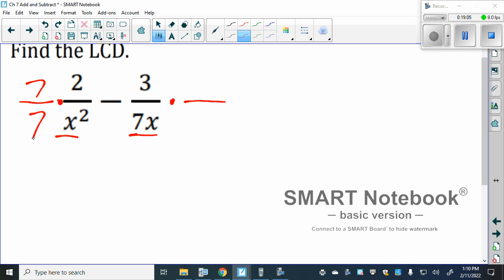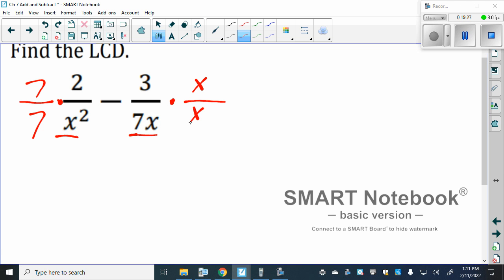Because even though the x squared isn't written as a single x, it does have at least 1x. It's actually got 2. Well, to get the other side to even out, we need to multiply it by just x over x. Questions on this here, how we got to that?